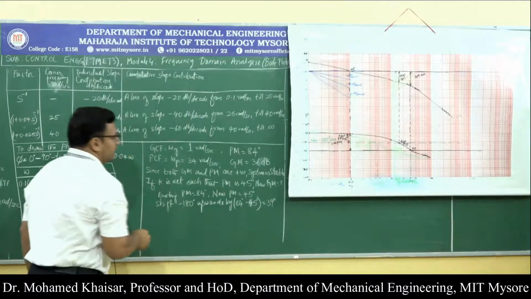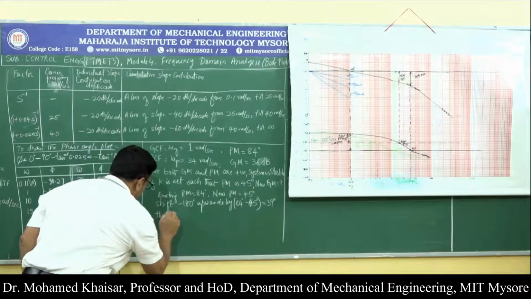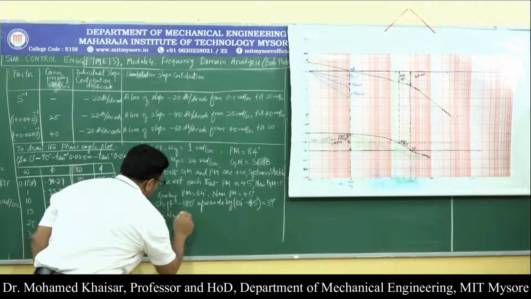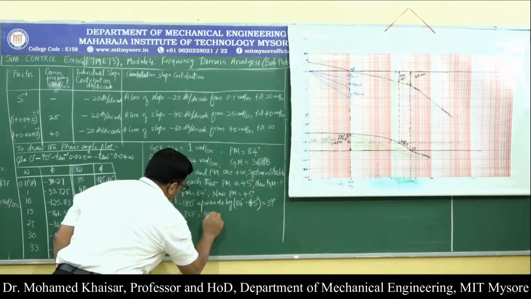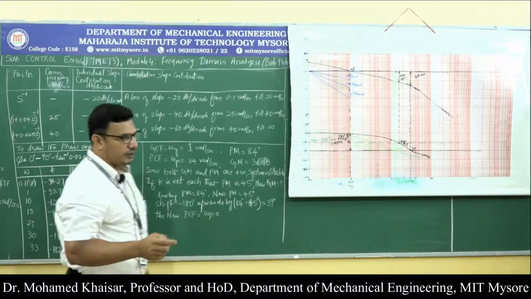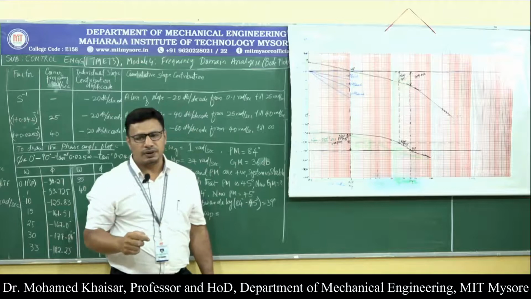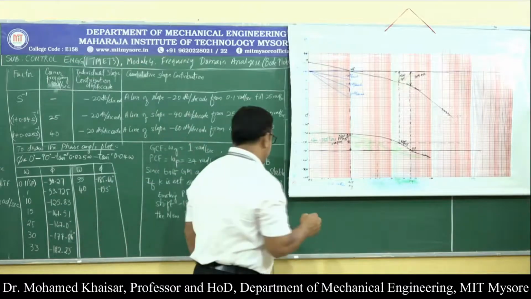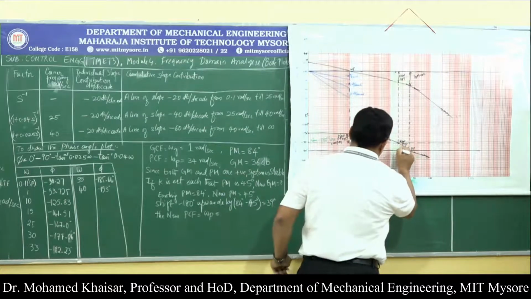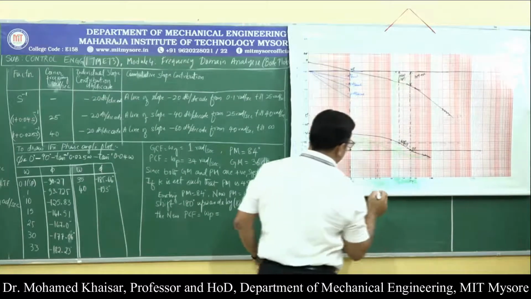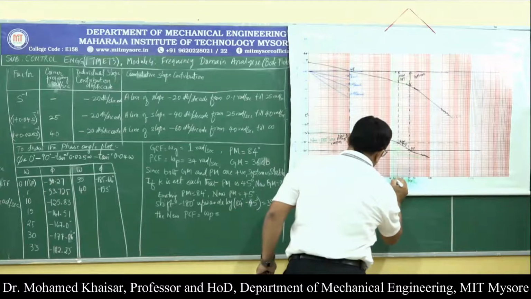So the new phase crossover frequency is found to be 13 radians per second. If you drop it down over here, you will find the new PCF.